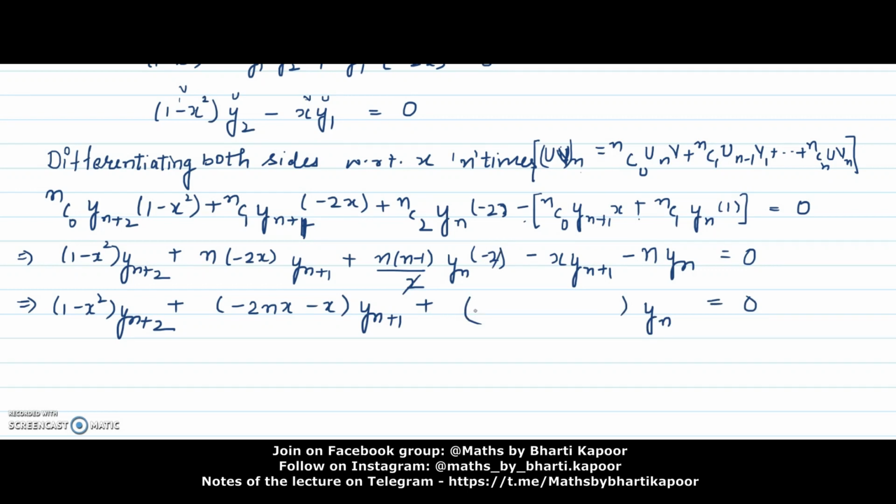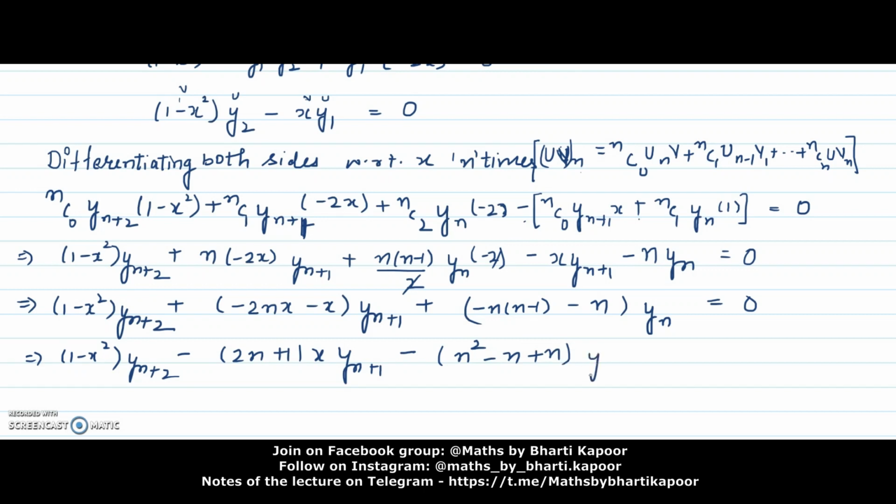It is negative n into n minus 1 and negative n, which implies 1 minus x square y(n+2) minus (2n plus 1) x y(n+1), minus common, n square, it will be minus n and plus n, yn equal to 0.